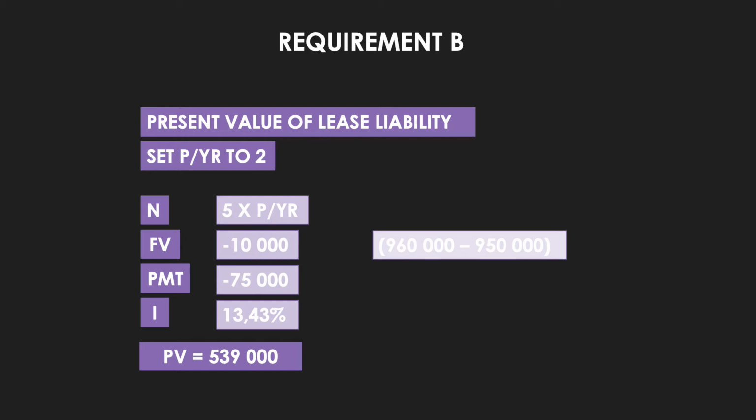The future value represents the amount payable by the lessee at the end of the lease term. Now we know that the residual value guarantee is $960,000, okay? And we believe that the asset will have a fair value of $950,000 at the end of the year.